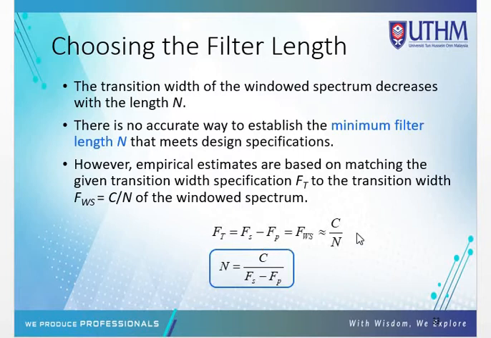Then the window length depends on the choice of the window, which means the choice of C. The closer the match between the stopband attenuation A_S and the stopband attenuation A_WS of the window spectrum, the smaller is the window length N. In any case, this relation typically overestimates the smallest filter length, and we can often decrease the length and still meet the desired specification. This is how we choose the filter length.